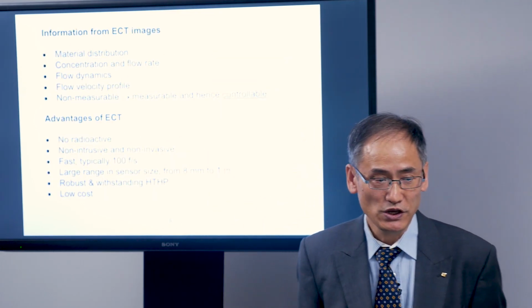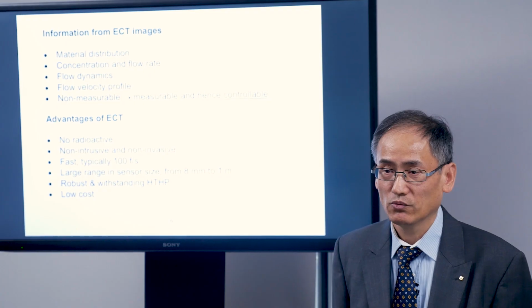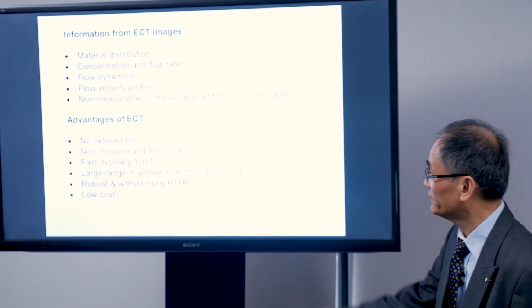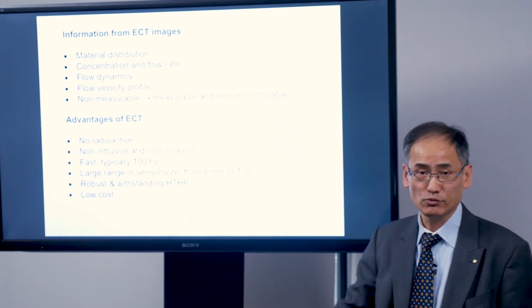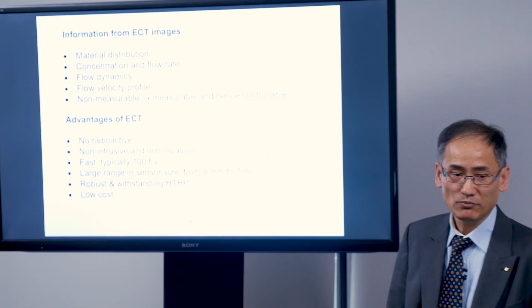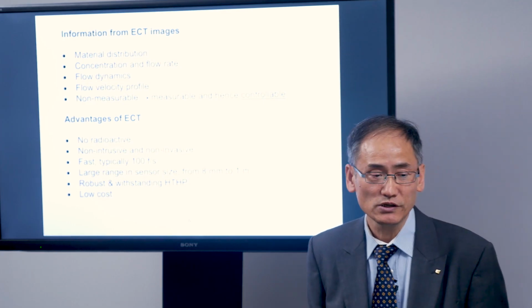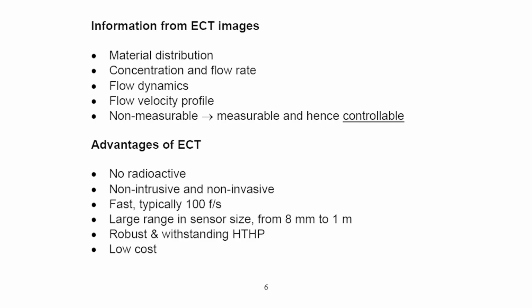Now, from the image, what can we get? We can get material distribution or permittivity distribution. From a permittivity distribution, we can derive the concentration, we can derive flow rates, or even flow regime. We can see flow dynamics.